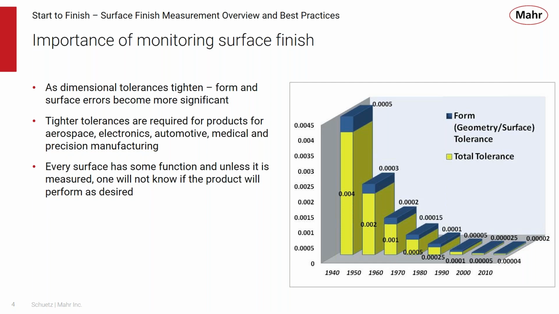Tolerances have gotten tighter and tighter, but the form tolerances have also gotten tighter. But still, that percentage of surface finish and form errors compared to part tolerances might be 25 or maybe even 50% of the part tolerance. So it's important to consider surface finish and how it can affect part performance, appearance, etc.